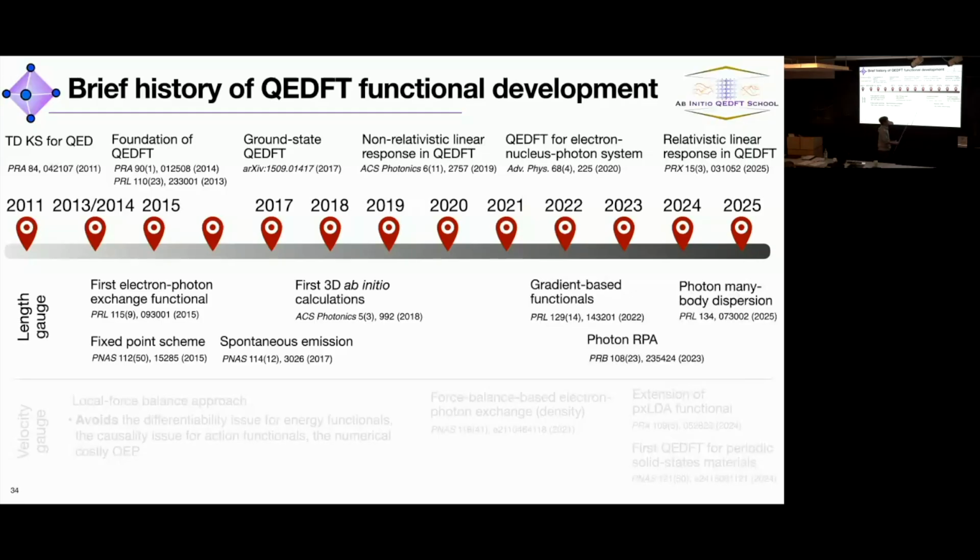Since then there have been different works. Before 2018, they used the wave function to construct the exchange correlation potential. In 2022, they pushed into computing the potential using just the electron density.